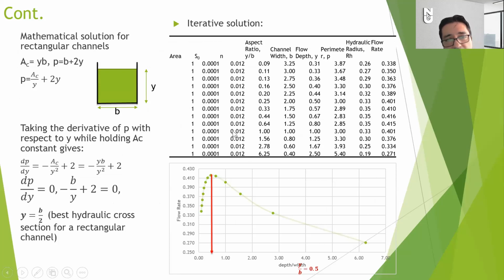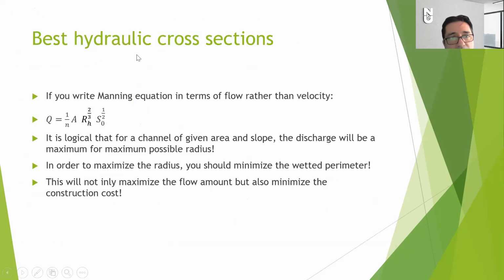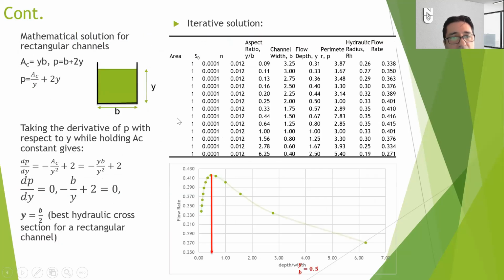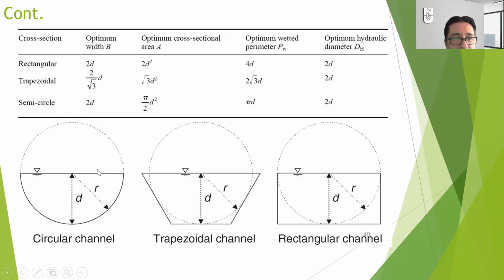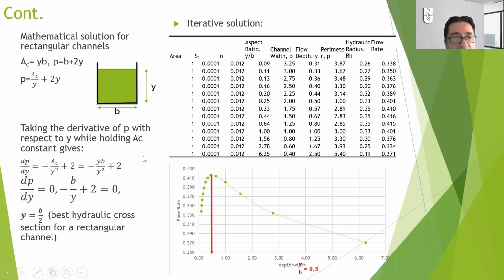And if I ask you to find the best cross section or hydraulic cross section for, for example, a circular channel or trapezoidal channel, you will be able to write a mathematical equation and solve it, or you can make a numerical analysis and show me. But this requires a little bit time-taking solution. And if you don't have a computer and Excel, maybe it's going to take too much time. But if you have a computer, probably this is the fastest way. You can make a solution in this way.